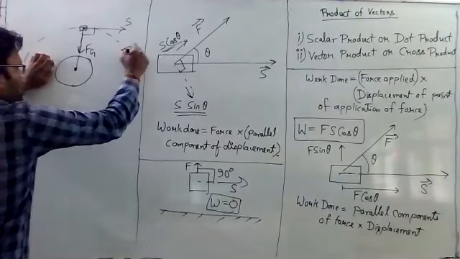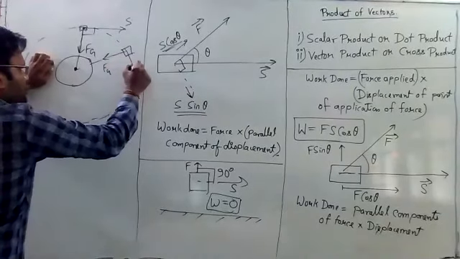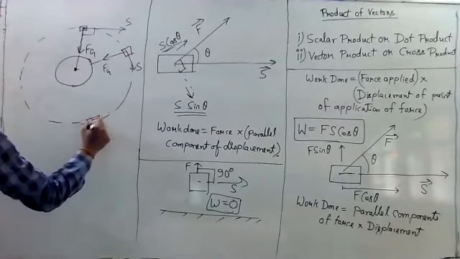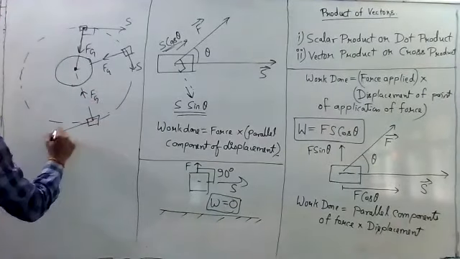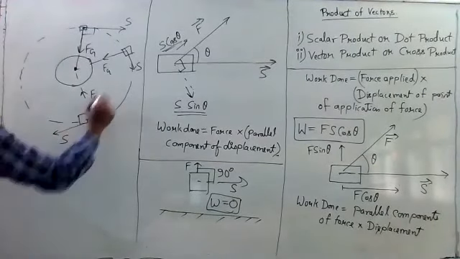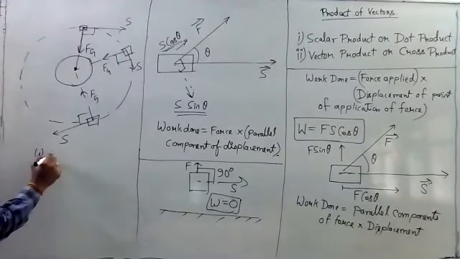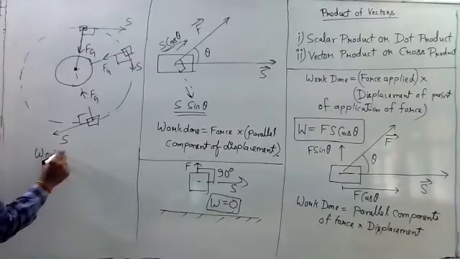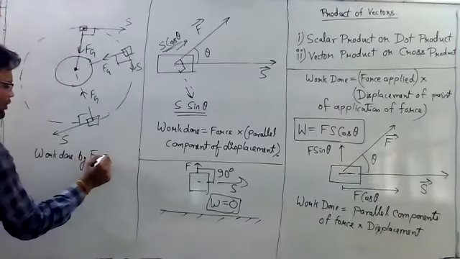If it comes here, this will be the force of gravity and this is the direction of displacement. You take it at any position: the force of gravity is towards the center and displacement is perpendicular. Everywhere it is 90 degrees. So here also, work done by the force of gravity is zero.